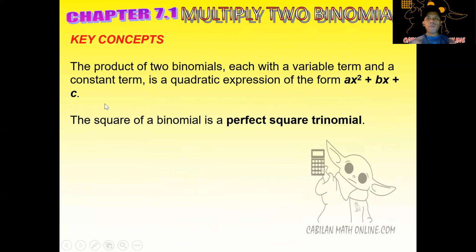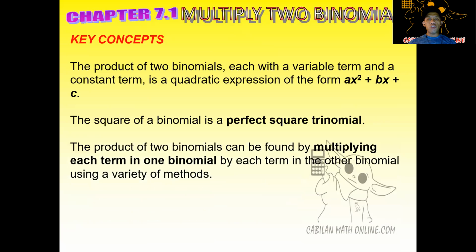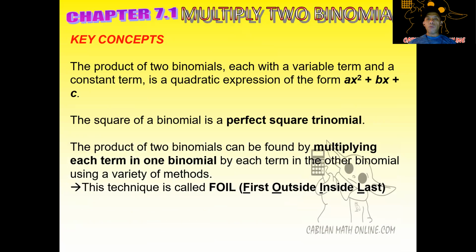Now, just to recap from chapter 6, remember that anytime you see an expression where the letter x has an exponent of 2, that tells us that what we have there is a quadratic relation. And what we want to do for today, again, is to go through the steps that we need to do to start off with two brackets, and then wind up with something that has 2 or 3 terms.